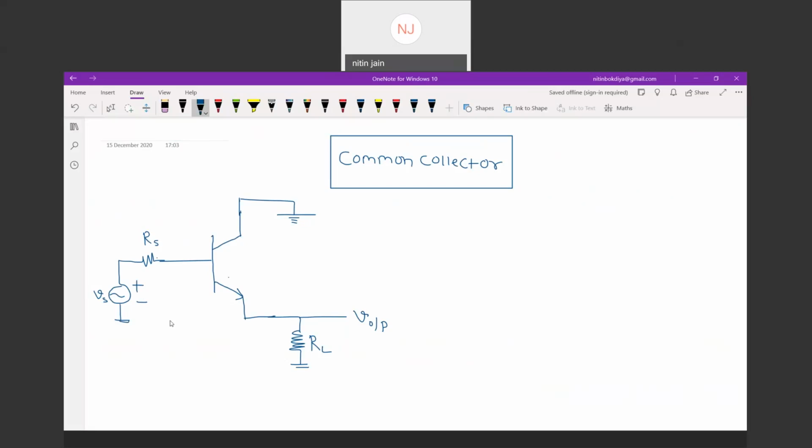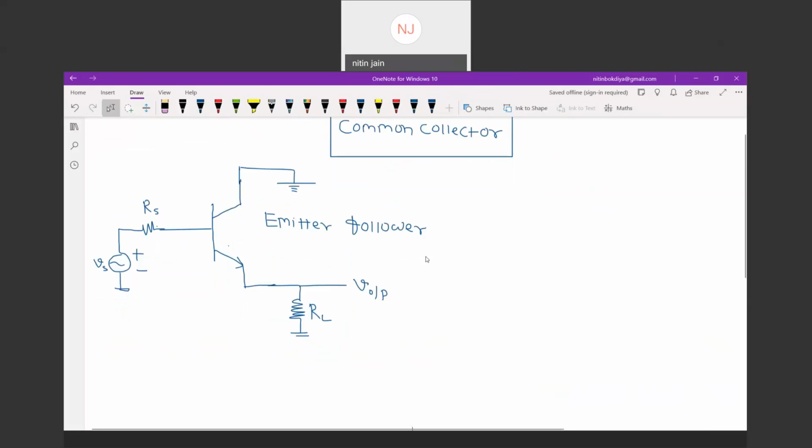This is common collector, or I should say this is emitter follower configuration, right? This is emitter follower configuration. How will it work?